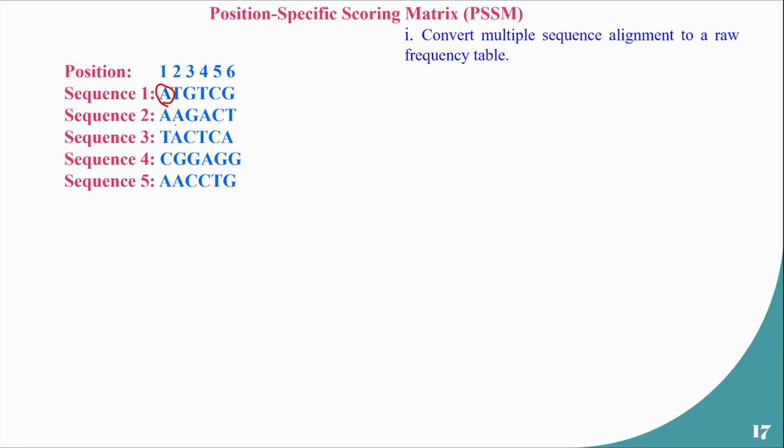What would be the value? Can somebody mention it in the chat? We have 5 sequences given here, with 6 positions. What will be the frequency of occurrence for alanine at position 1?